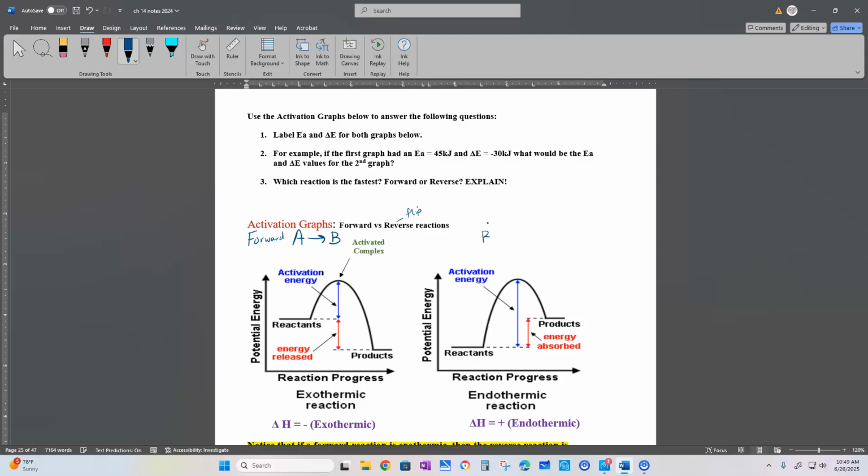So now B is your reactant and A is your product. So we call this the reverse reaction. Okay, so potential energy, reaction process, maybe you can even call it pathway, just not time.